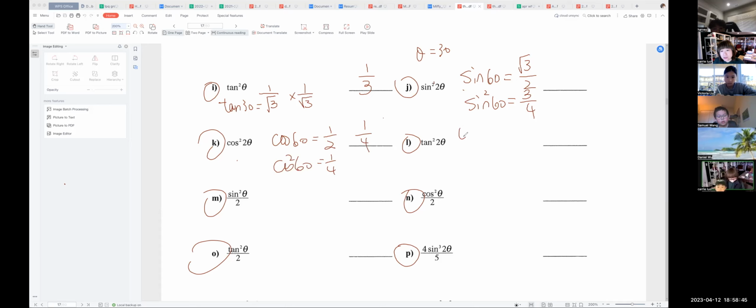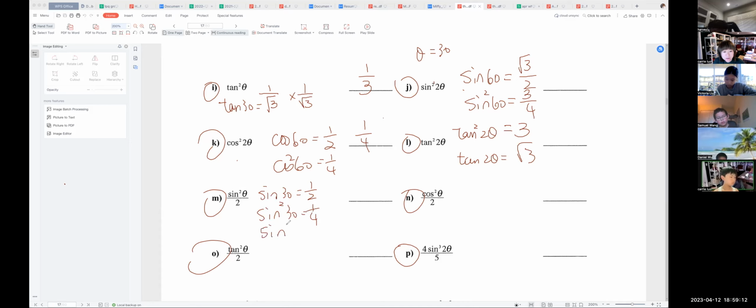Okay, so tangent squared 2 theta, we just find out tangent 2 theta equals what? Square root 3. So this one equals 3. Okay, so this one, because we know sine 30 equals half, sine squared 30 equals 1 over 4.